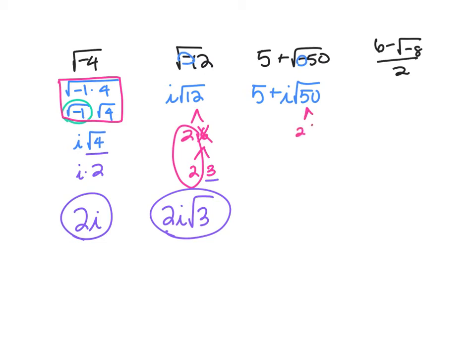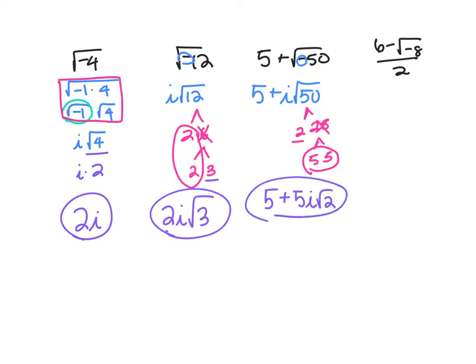We can do 2 times 25, which turns into 5 times 5. Again, you look for the pairs. Any pairs come out front. Anything extra that we have not split up stays inside. So this turns into 5 plus, then the 5 came out front, 5i root 2. So it just makes it look a little bit longer.